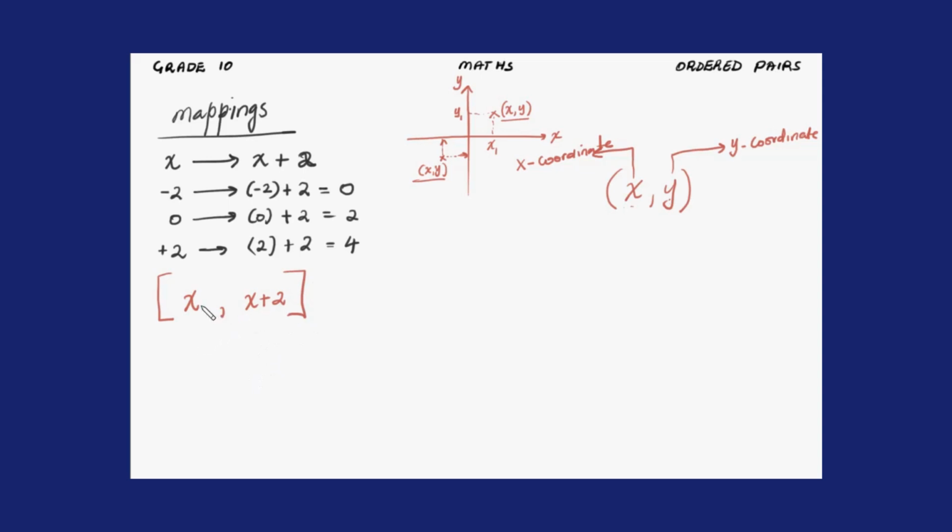So now, this would be in this way in terms of these values. It would be negative 2, comma, 0. Because for this expression, when you substitute negative 2, we get 0. Here, we have 0, comma what? 2.